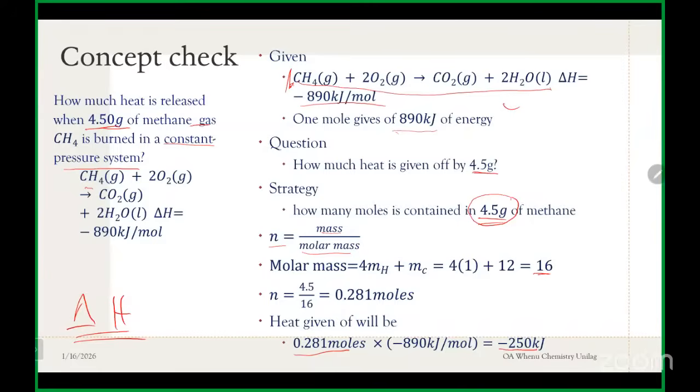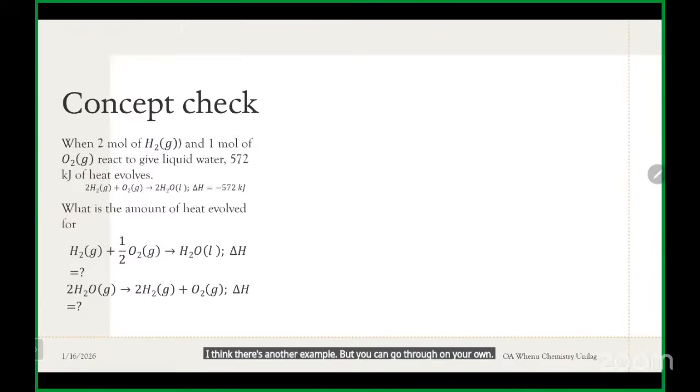I think there's another example that you can go through on your own because there's a possibility that you have another class now. Sorry, before I leave that, any question on that example?